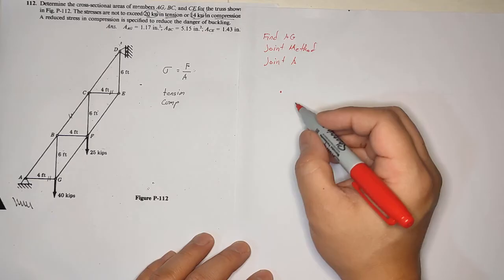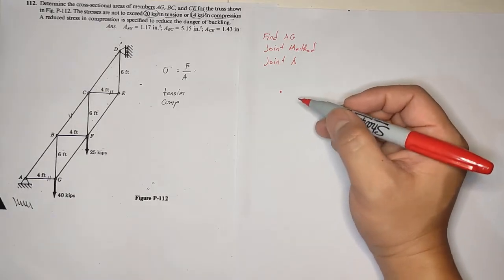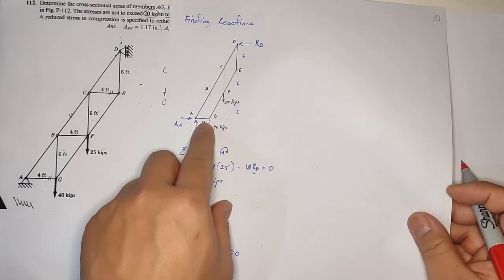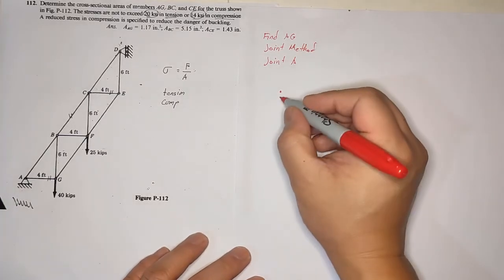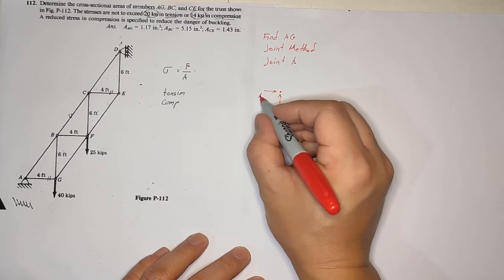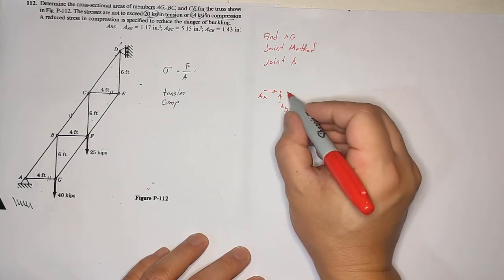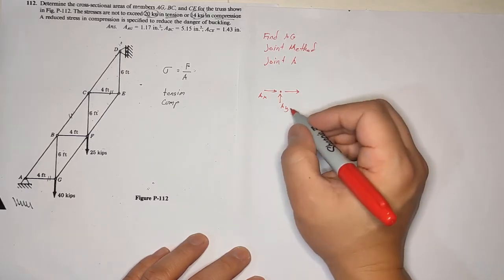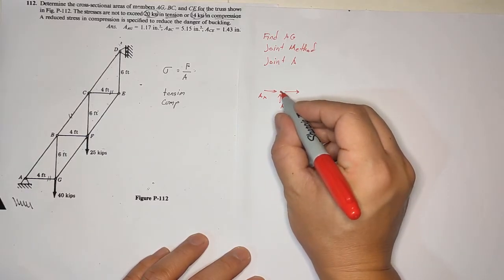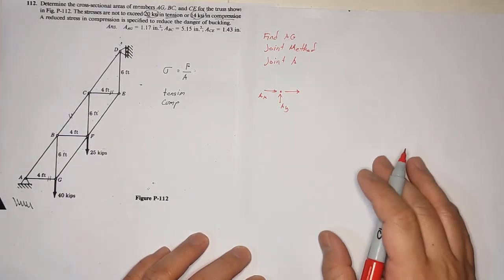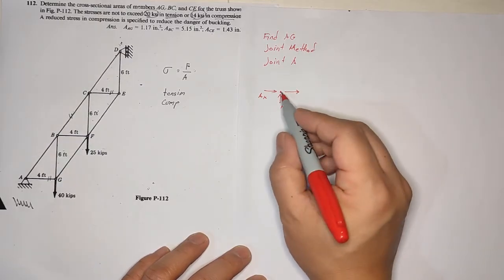At joint A, you have AY, AX, and of course AG and AB. Let's assume that AG is going to the right, or tension. Tension is away from the joint. So our reference now is the joint. It's not left or right anymore, but our reference is the joint.